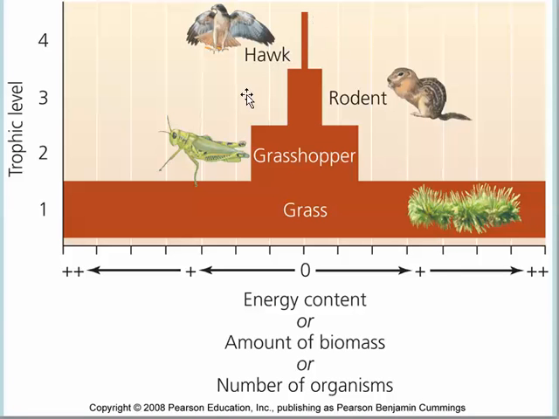Now, that pyramid shape can also represent the amount of biomass or the number of organisms in an ecosystem. So the energy content is diminished as you go up a pyramid or from one trophic level to the next, but so is the amount of biomass. Biomass is simply the amount of matter in an organism.